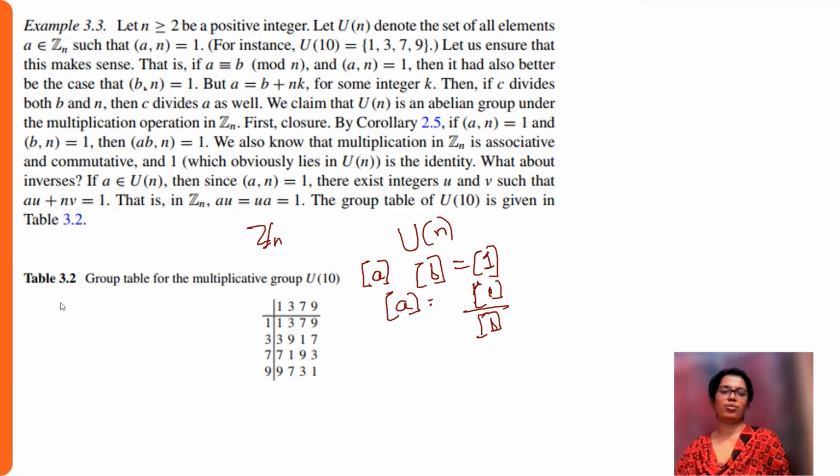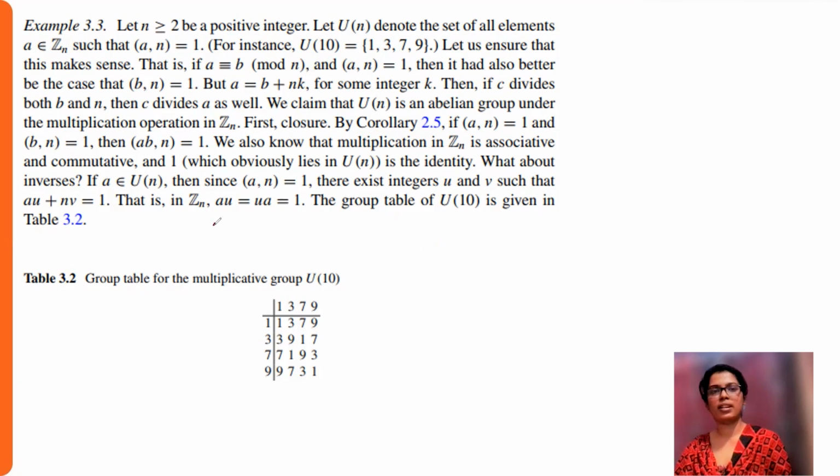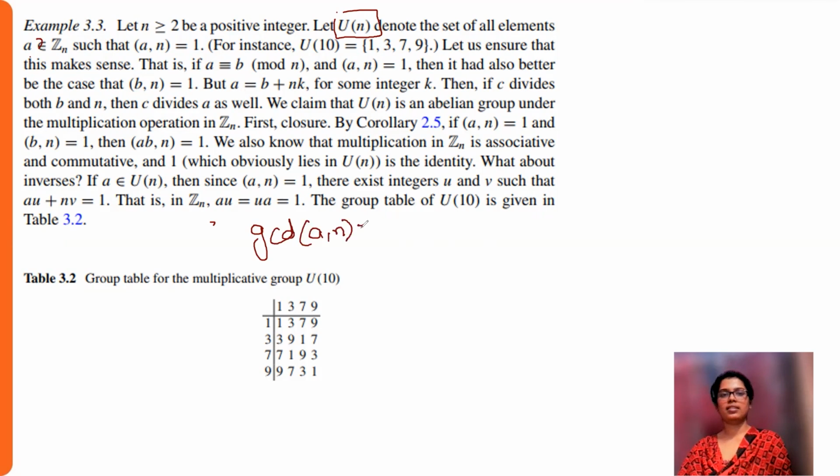But what we can do is, for example, suppose we have an element A in Zn, and we form a group Un, which is the collection of all the elements for which the GCD of A and N is equal to 1. So if you're talking about U10, Z10 will have elements like what?